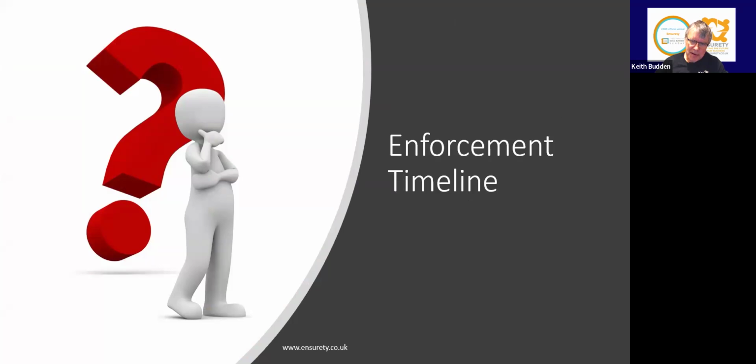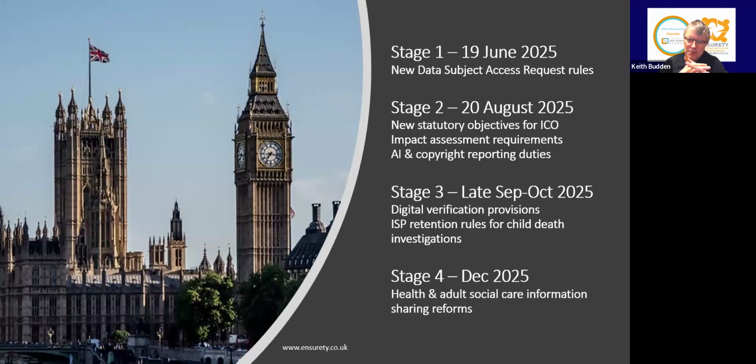So the enforcement timeline, when's all this happening? Stage one, as I said, is all about data subject access requests. That came in on the 19th of June, and in fact, as I say, it's now been backdated to January 2024.